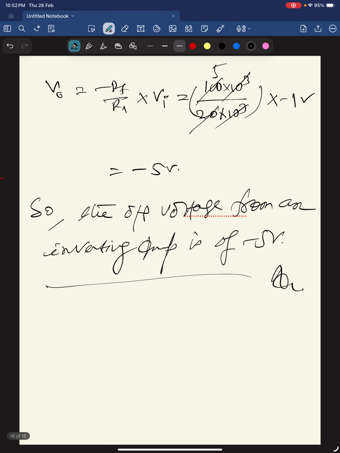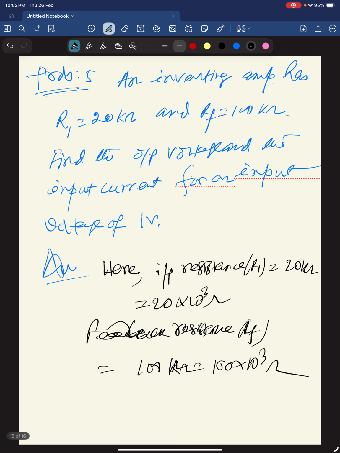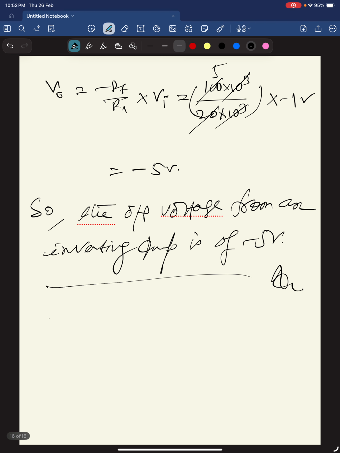Now the input current. The second question is the input current. So input current as per the given circuit earlier for an inverting amplifier is Vi by R1.